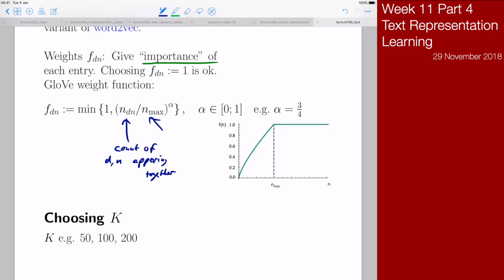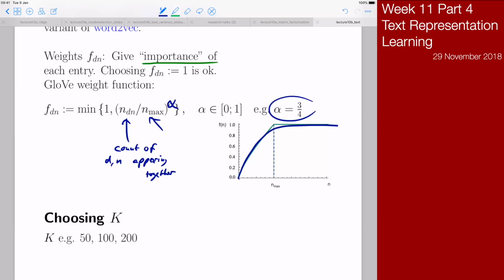That makes a lot of sense, right? You should maybe normalize, so take it relative to the maximum. But then what's a bit obscure is they take this to some power alpha, where alpha is 3/2. So that's super obscure, and then they also cut it off at the end. But this is not so important.